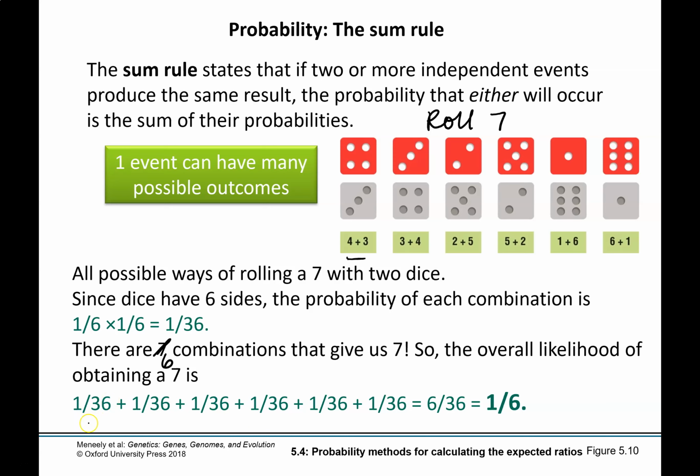So we are going to add the probability of each of these events together to get the overall probability of rolling a 7 in any way, which is equal to 1/6. So the chance that you are going to throw 2 dice and get a 7 by any one of these possible combinations is a 1 in 6 chance.